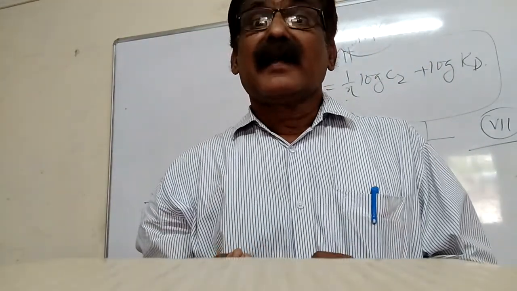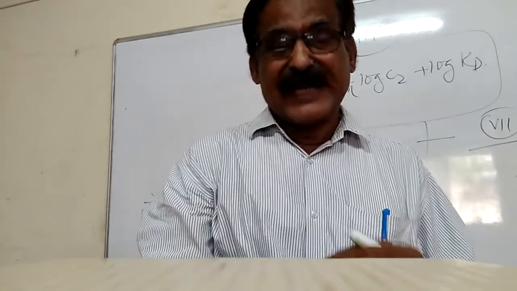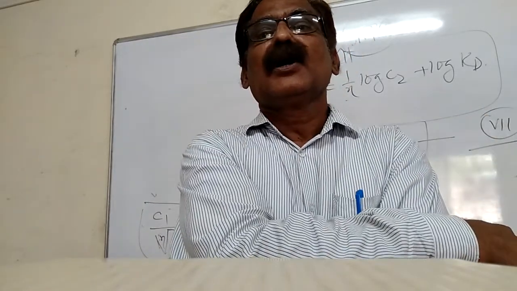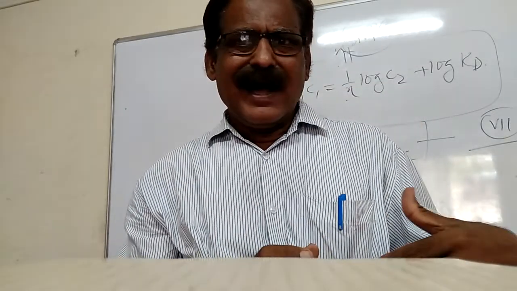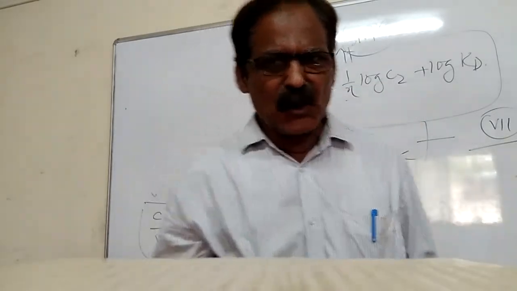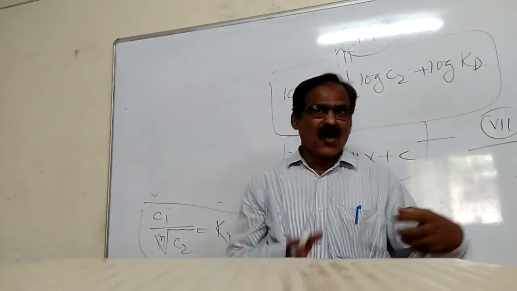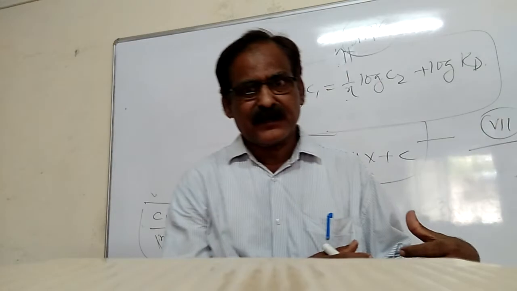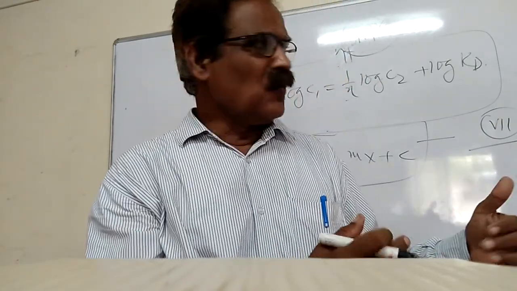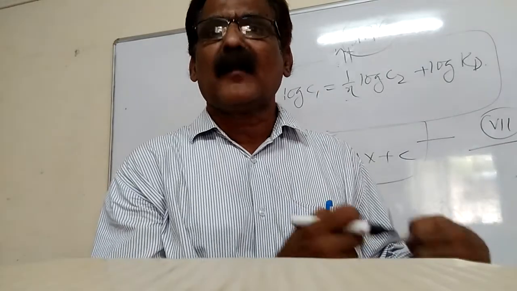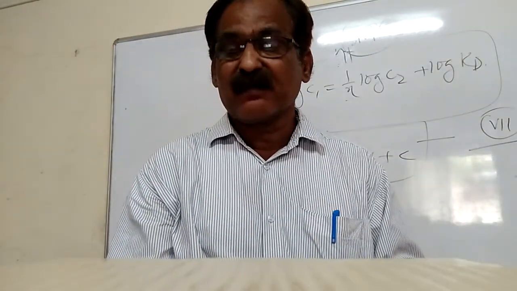What is n? The number of single molecules undergoing association in solvent 2. So in this way we can find out how many single molecules come together and form the associated species in solvent 2. This is one of the important applications of this logarithmic form of the modified distribution law.